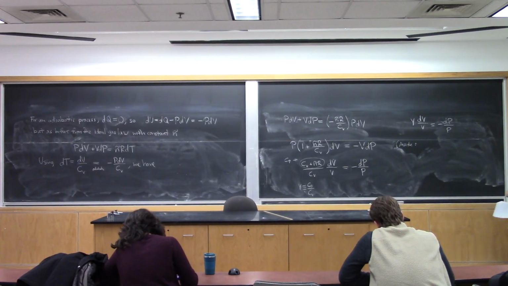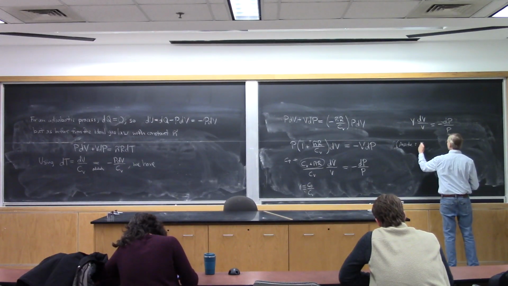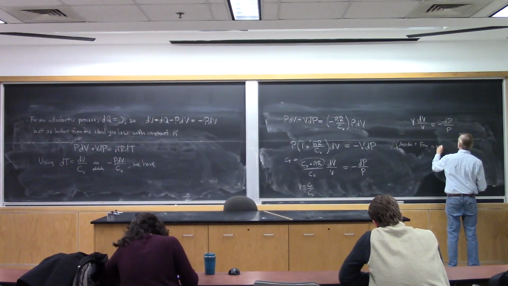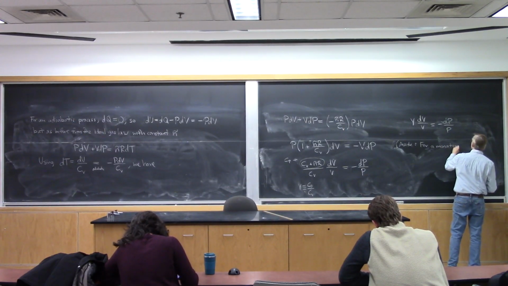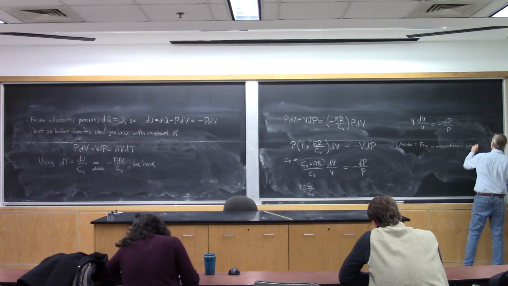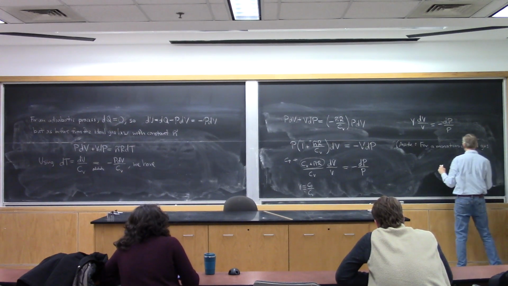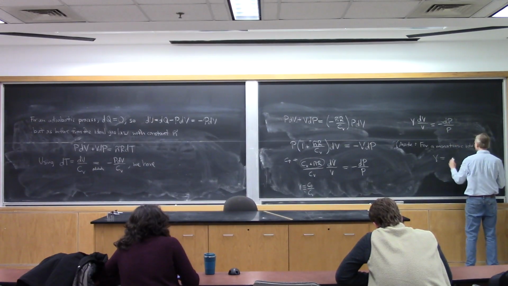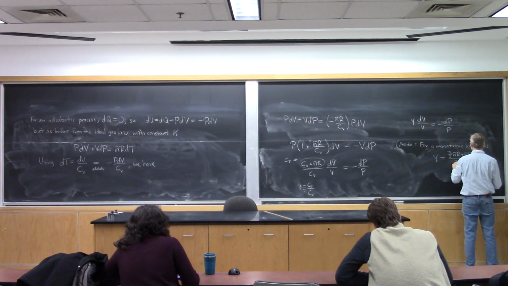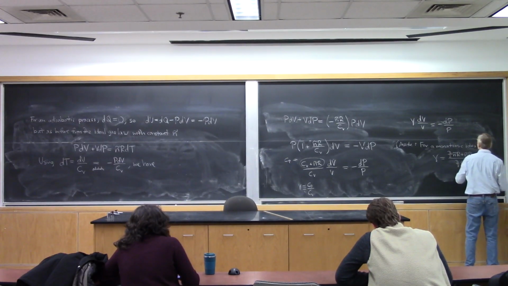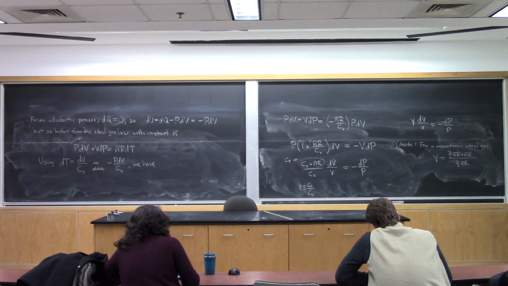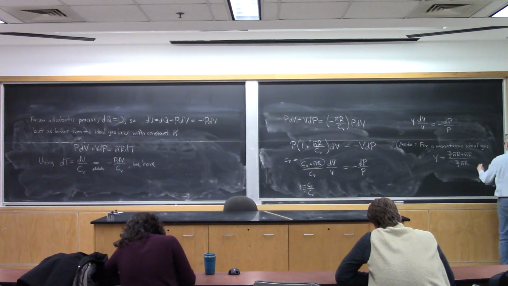Aside, just mentioning in connection with this, for a monatomic ideal gas, gamma is 3/2 n tilde r plus n tilde r over 3/2 n tilde r, equals 5/3.